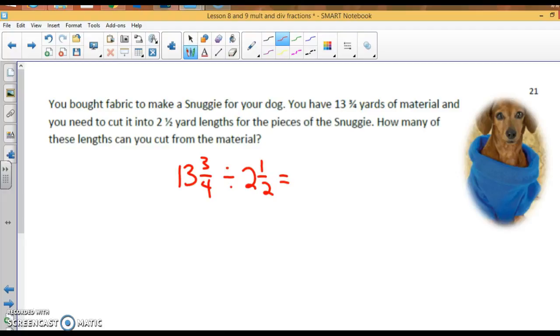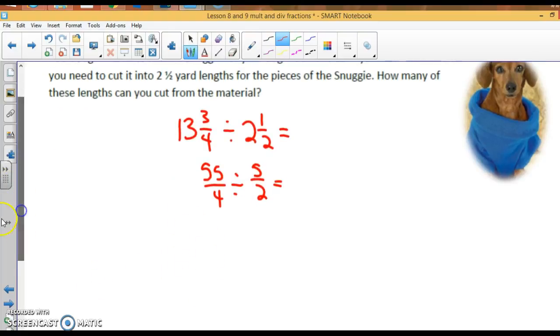Now let's change these to improper. 13 times 4 is 52, plus 3 is 55/4, divided by 2 times 2 is 4, plus 1 is 5/2. Now, that is division. Remember, dividing, you need to change it to multiply by the reciprocal.